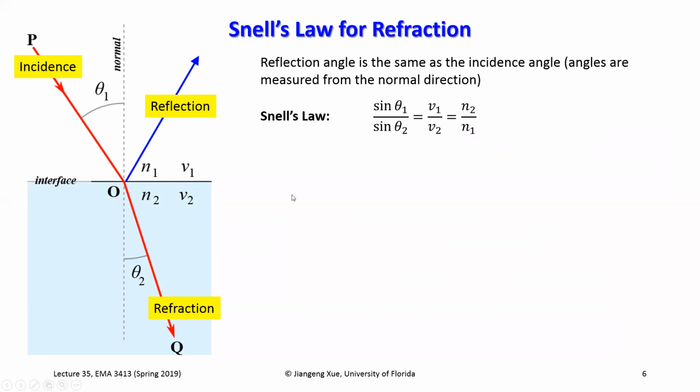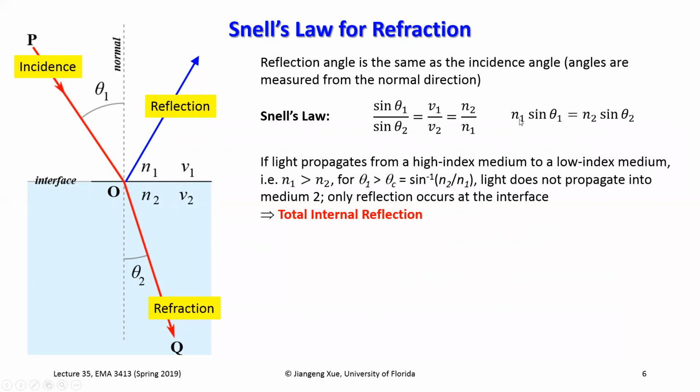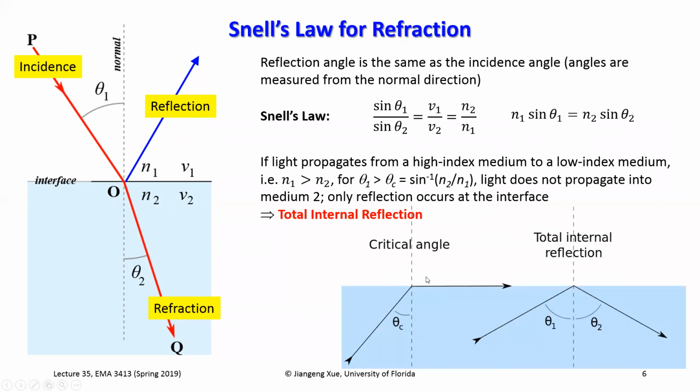So Snell's law is n times sine theta is a constant across this interface. Now if medium 1, the first medium, has a greater index of refraction than the second medium, then we may have a situation where at some point, called the critical angle, the exiting angle theta 2 is 90 degrees. If the incident angle is greater than the critical angle, then we don't have any light going into the second medium. We only have the light reflected back. This is so-called total internal reflection.